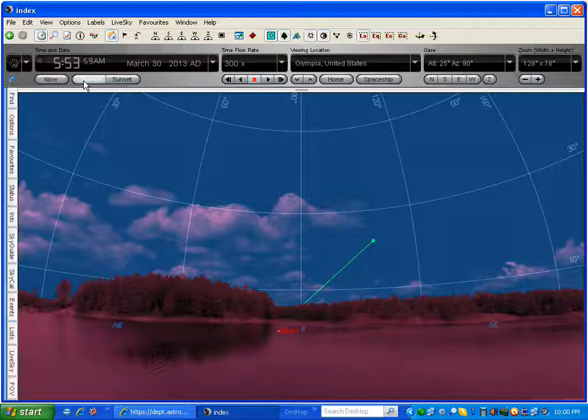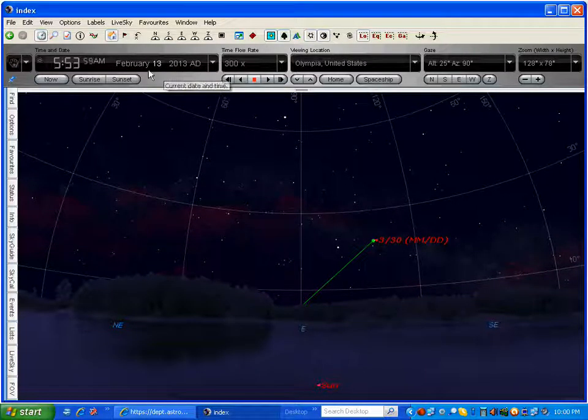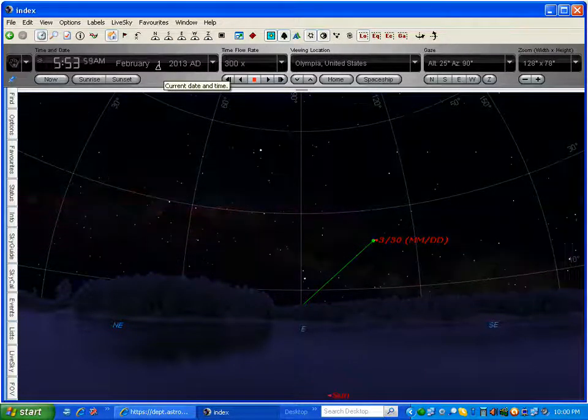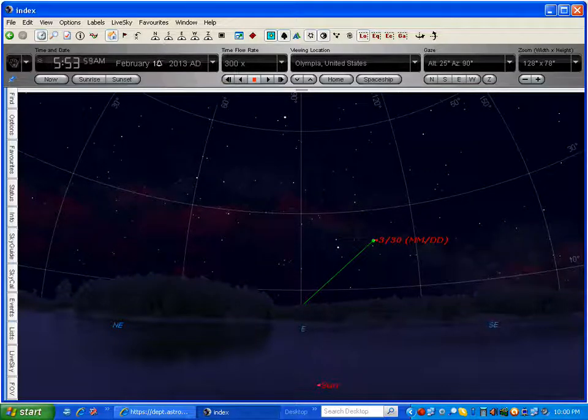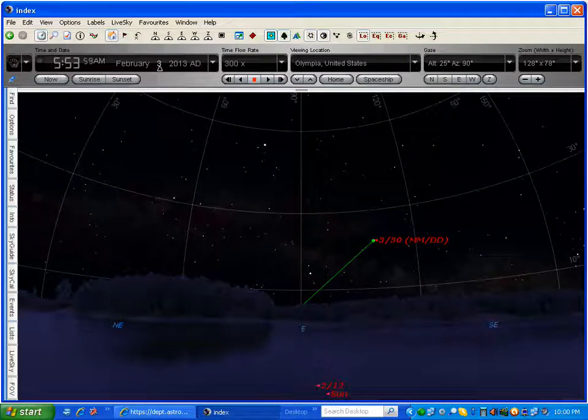But if we were to change that back to February, then this angle became 30 degrees.